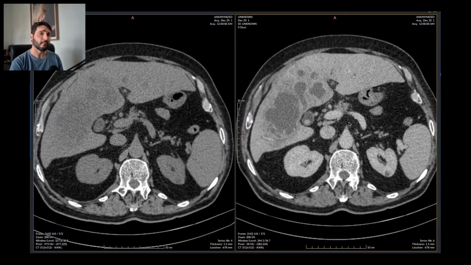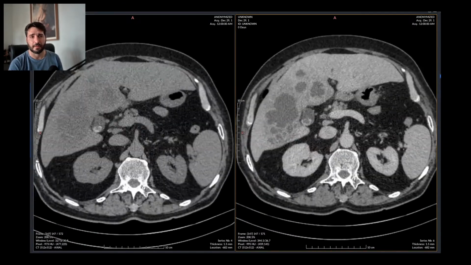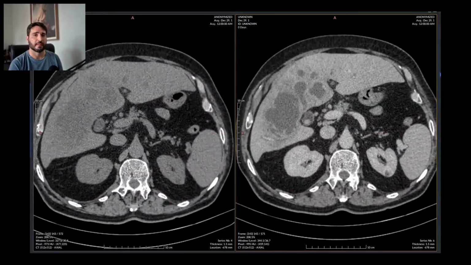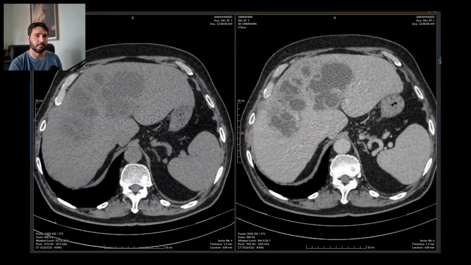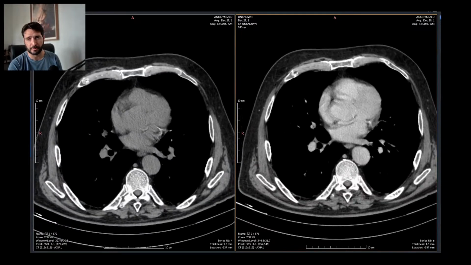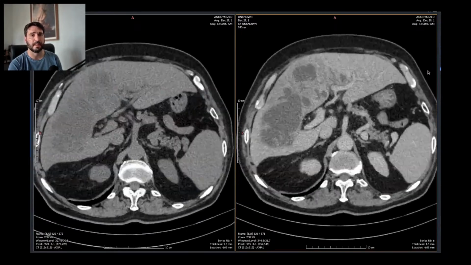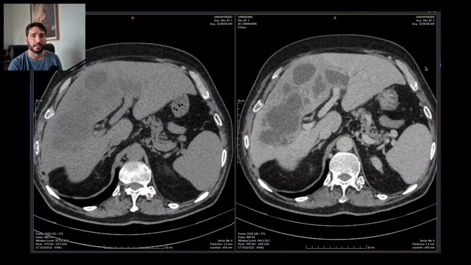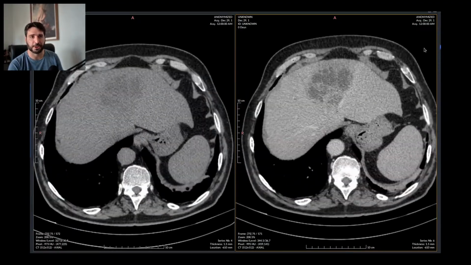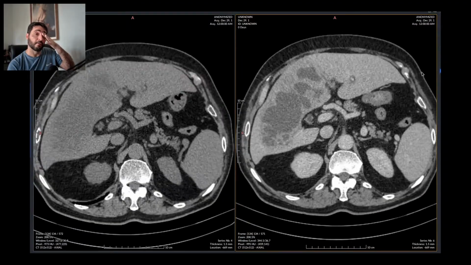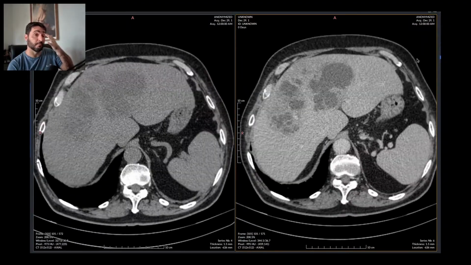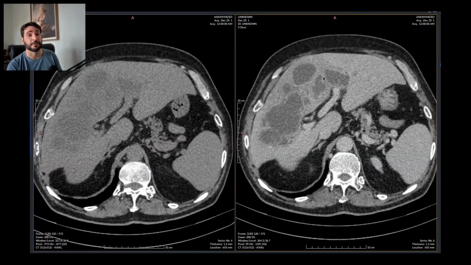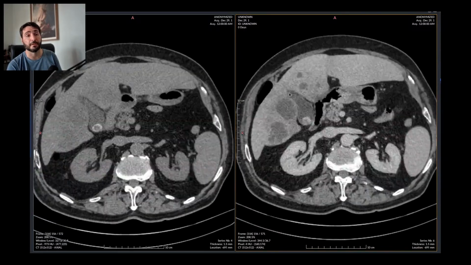In the clinical setting that I described, considering this is also an elderly patient, the most probable, almost 100% certain diagnosis here is a huge, massive liver abscess. This is infection. This is necrotic liver, multiple necrotic infectious liver lesions making a huge abscess.